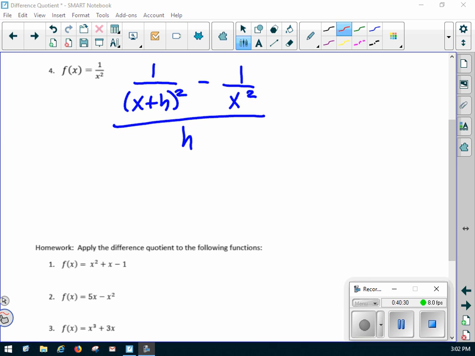You want to look in your numerator and figure out what is the common denominator. You can do it. What's the common denominator of 1 over x plus h quantity squared minus 1 over x squared? X plus h quantity squared times x squared. Just multiply them together. What is this fraction right here missing?